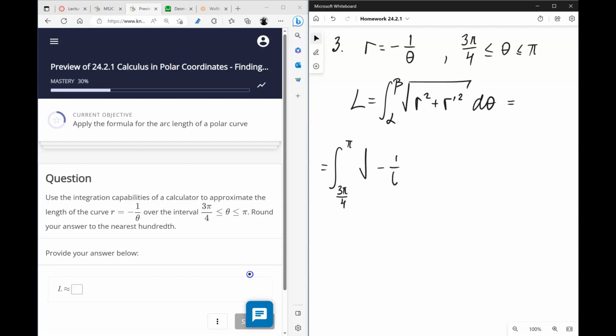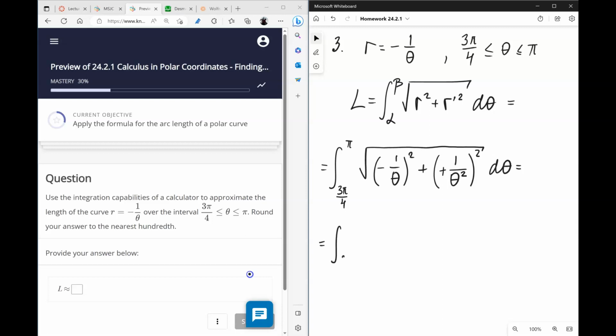r squared is negative 1 over theta squared plus r prime squared. r prime is the derivative of negative 1 over theta with respect to theta, so it's going to be negative 1, which will become positive, and here we'll have theta squared d theta.